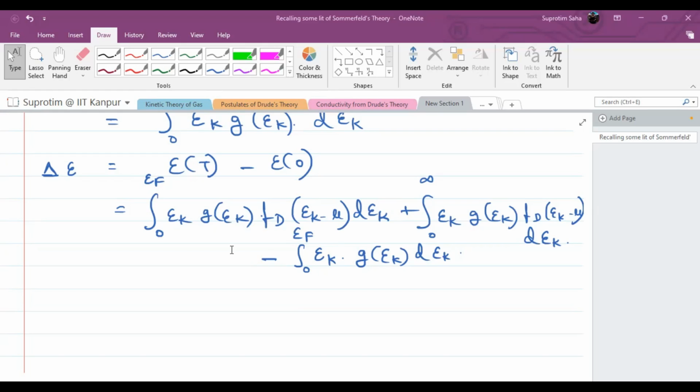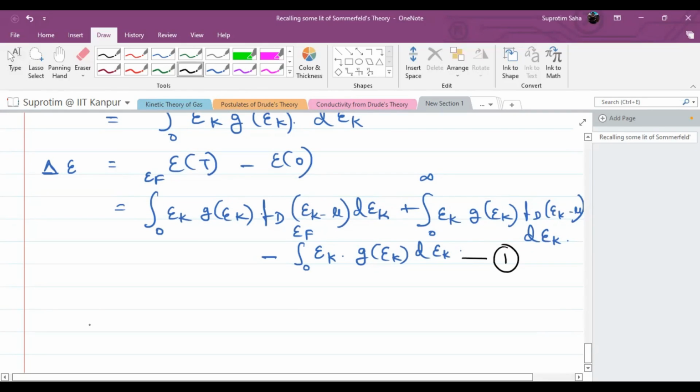We split the Et into two parts, and wrote epsilon naught, which concerns the energy at T equals 0. So this is one form that we should number.